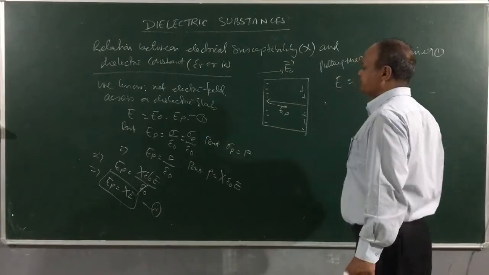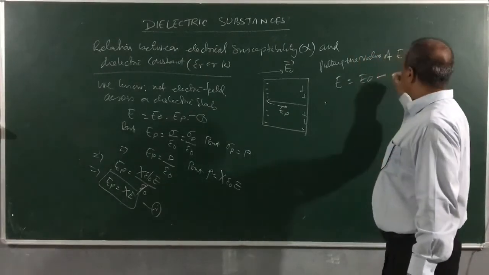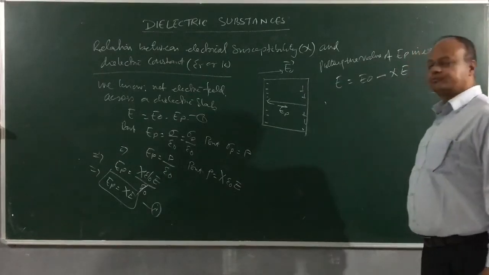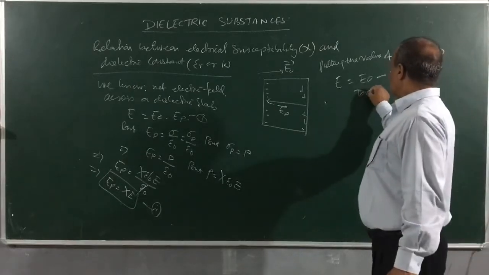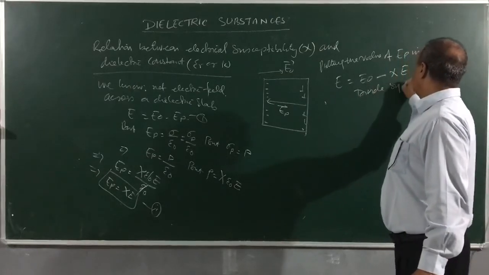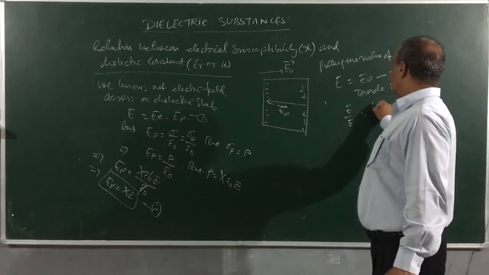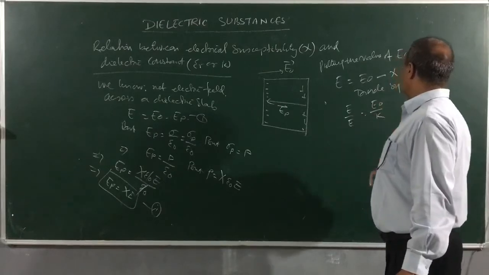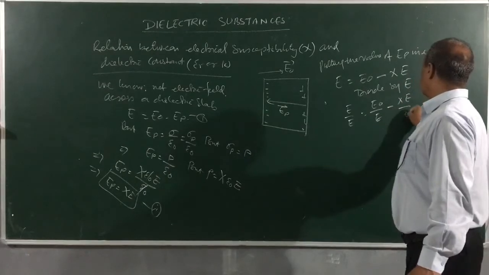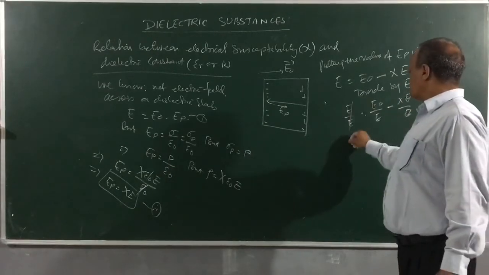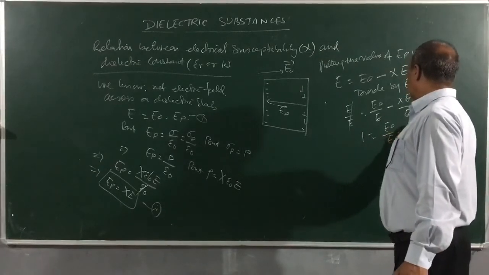E equals E naught minus chi into E. And once you got this, children, we'll just divide by E. You divide by E, then what do you get? E by E is equal to E naught by E minus chi into E by E. Cancel out this. This is gone. 1 is equal to E naught by E minus chi.